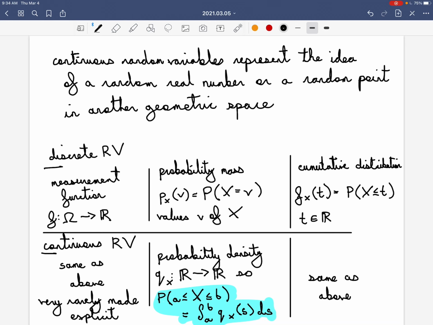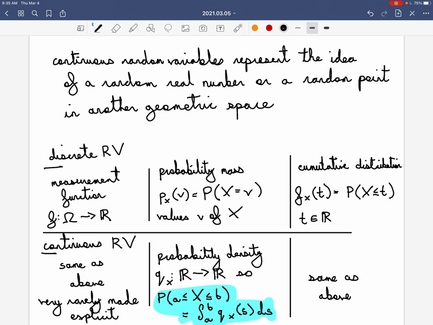The notation I'm using for probability density here is q with a subscript x. So x is the random variable, and we're indicating that the probability density q is associated with the random variable x. What that means is we have this function q_x from the real numbers to the real numbers.